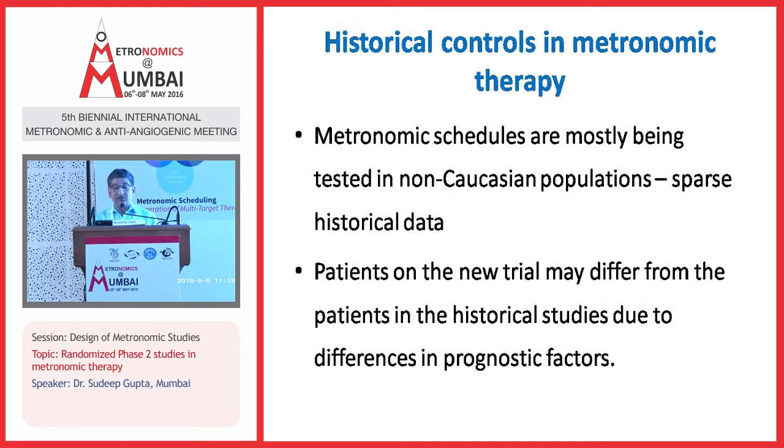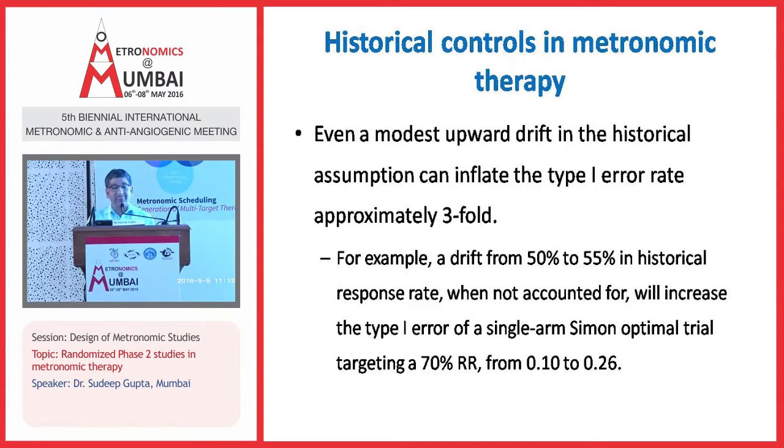And patients on the new trial may actually differ from the patients in the historical cohort due to differences in prognostic factors. So for example, the historical cohort may have contained 80% node positive patients, and the current cohort may have only 60% node positive patients. How will one account for that in a single arm study?